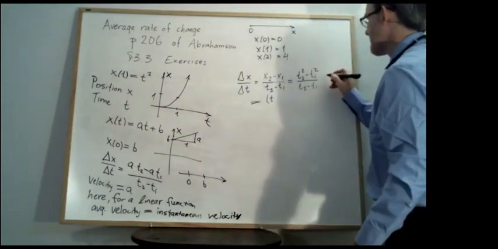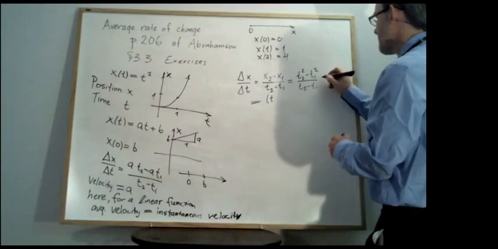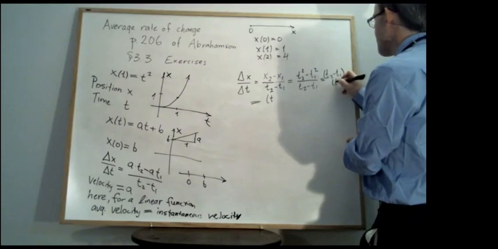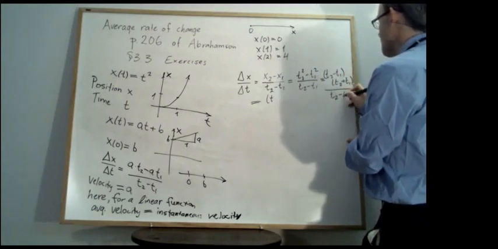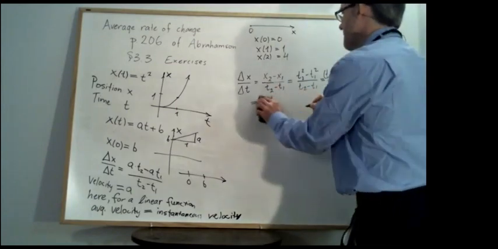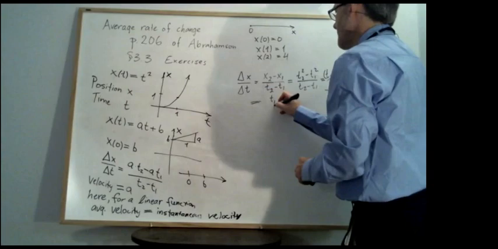Factor it and you get t2 minus t1 times t2 plus t1. Then this will cancel with this, and we get simply t1 plus t2.